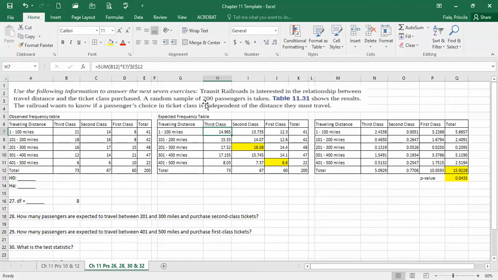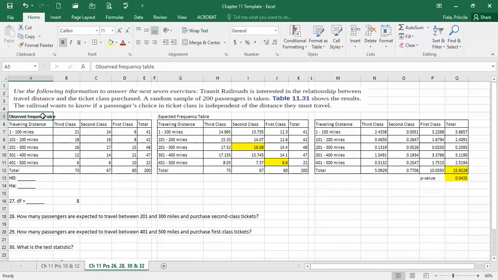So a random sample of 200 passengers is taken right here. The railroad wants to know if a passenger's choice in ticket class is independent of the distance they must travel. Okay, so right here is what is in your book, your observed frequency table.